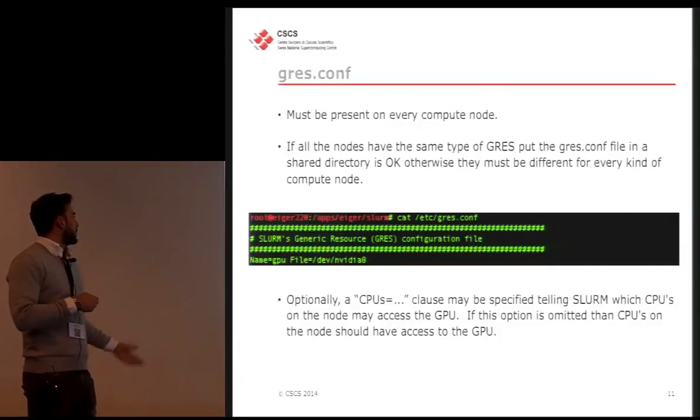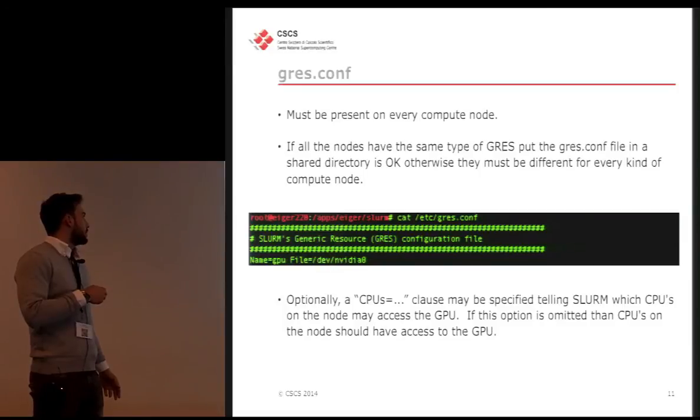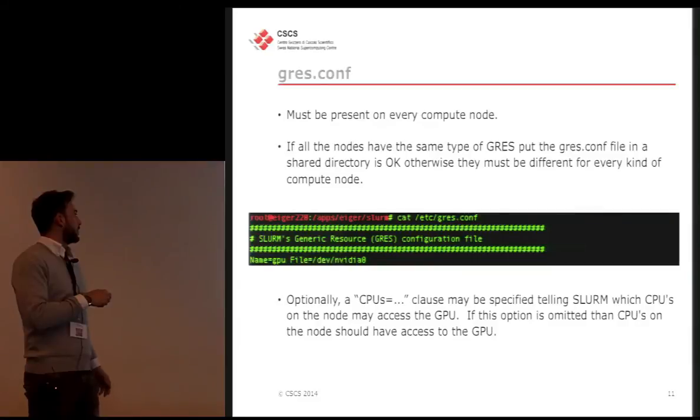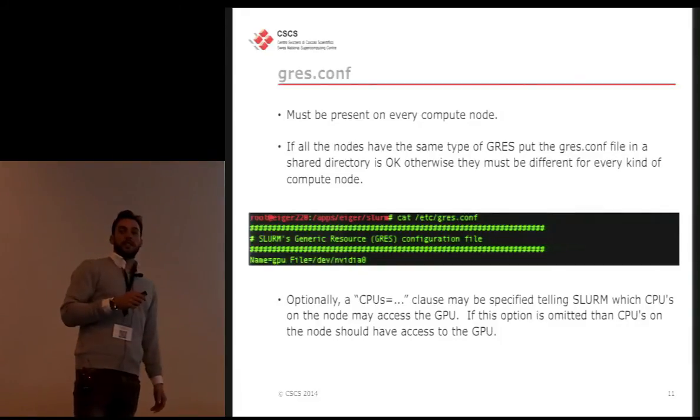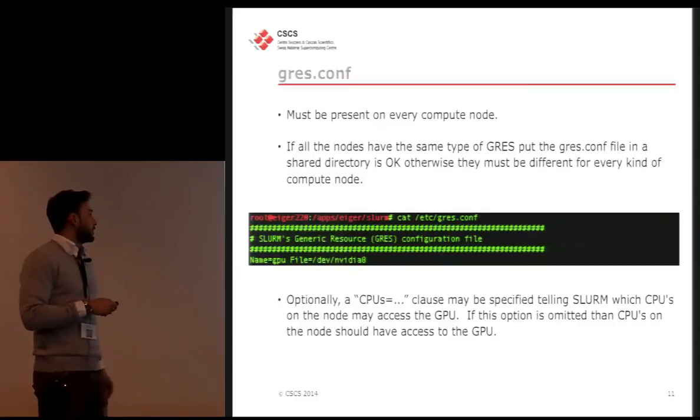This file is very simple. You have to write the same GRES type as on the slurm.conf file. Then you have to specify the device of the GPU.